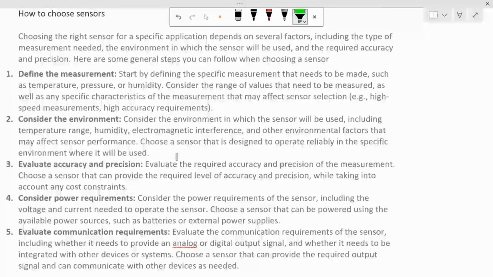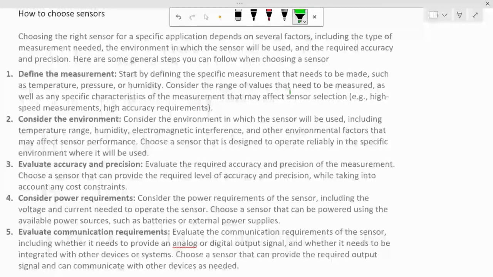So the first thing you need to do is define the measurement. Start by defining the specific measurement that needs to be made, such as temperature, pressure or humidity. Consider the range of values that need to be measured, as well as the specific characteristics of the measurement that may affect sensor selection.